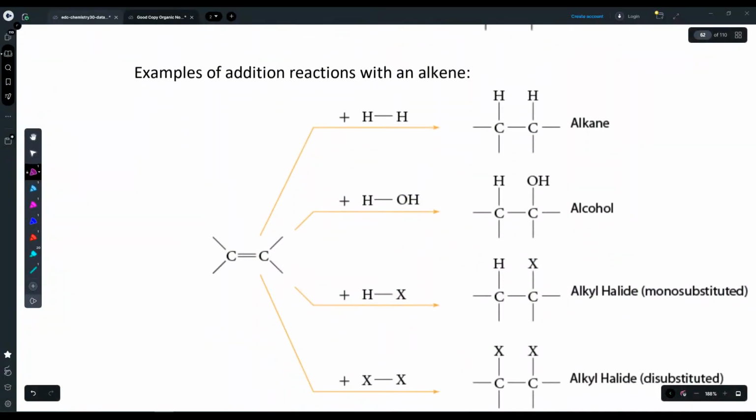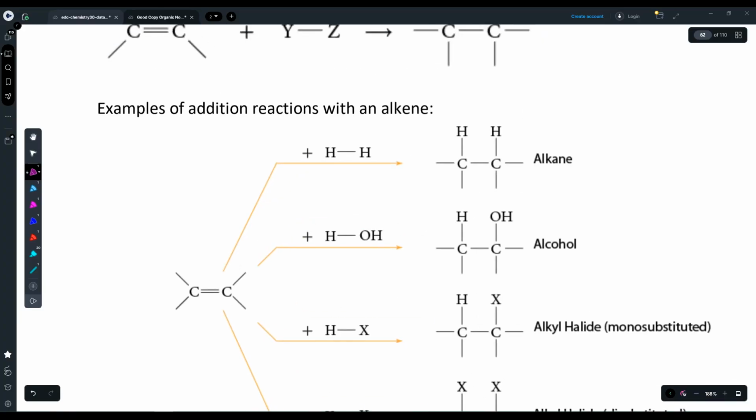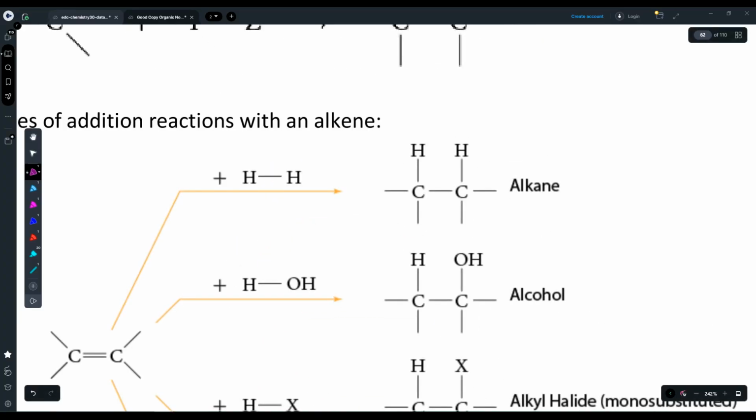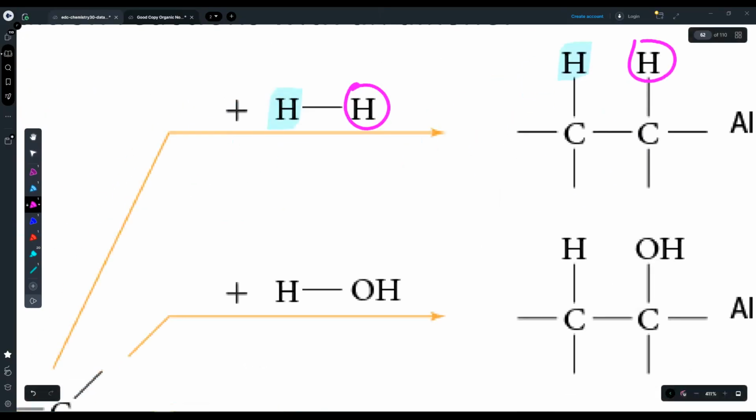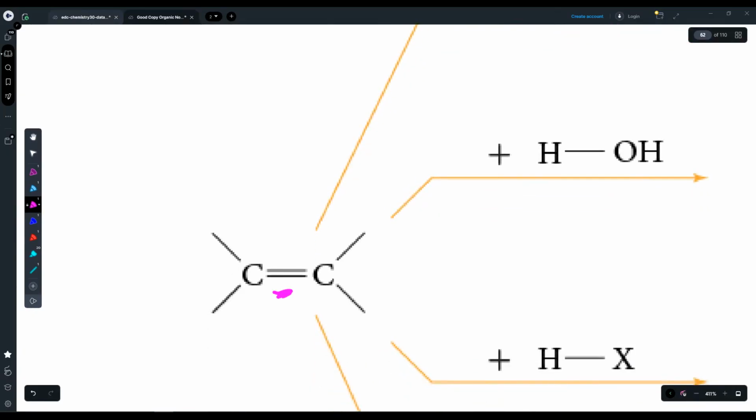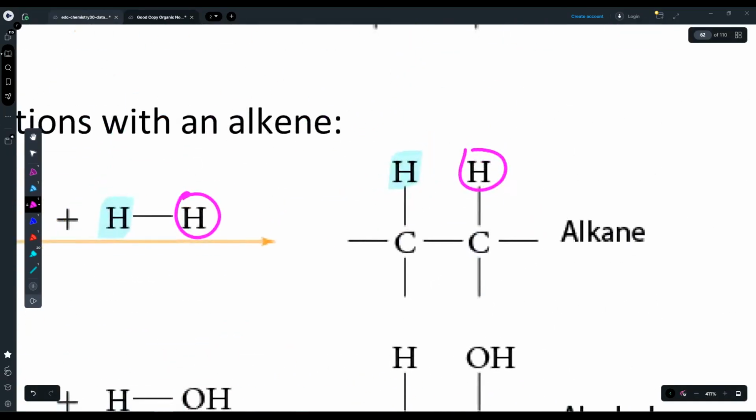For example, we have some hydrocarbon with a double bond in it. If we're adding hydrogen to it, we're just going to get an alkane. One of these hydrogens is being added to one side of the double bond, and then the other hydrogen is being added to the other side, and then our double bond here becomes a single bond.